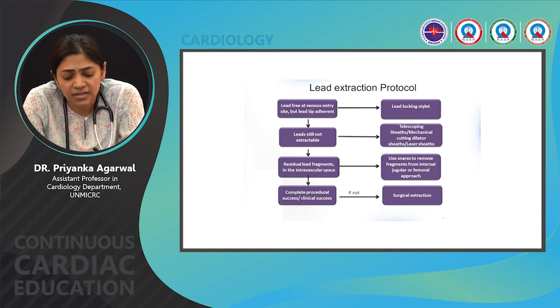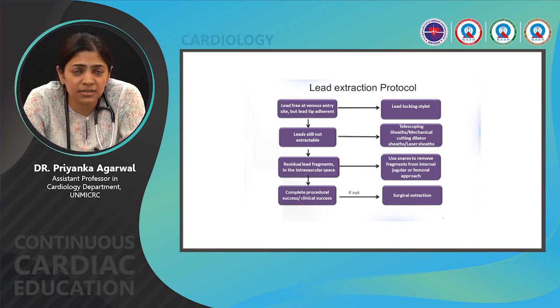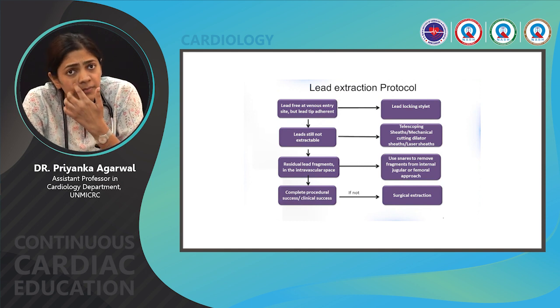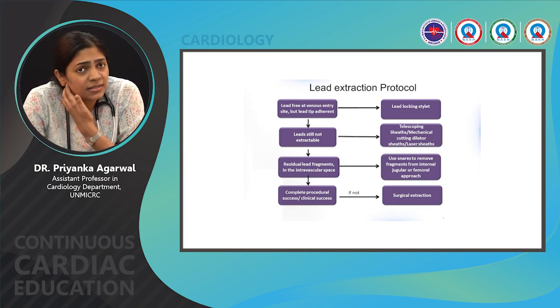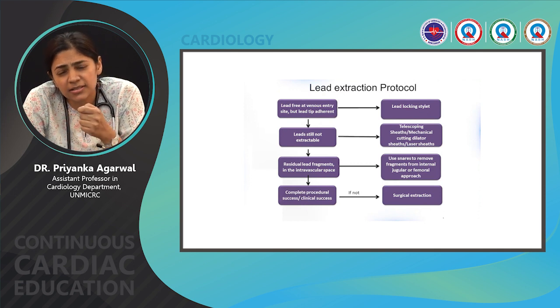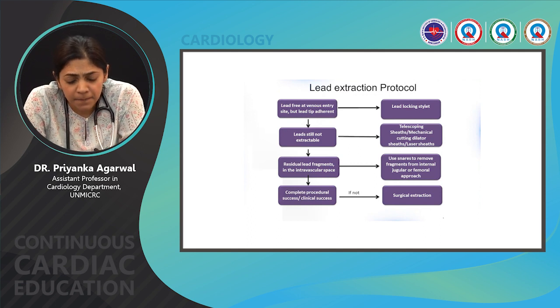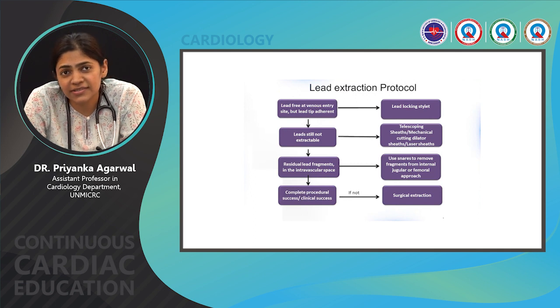If lead explantation is not successful, if we are not able to take out the lead by putting a simple stylet, then we need to go to the lead extraction protocol. That is basically we put an LLD through the central lumen, and apply a slight bit of traction. If it is still not extractable, then we need to put sheaths, which can be mechanical dilator sheaths, Tight Rail sheaths, or a laser sheath.